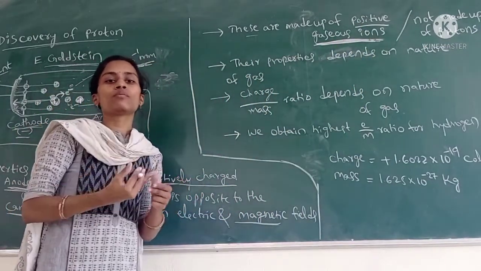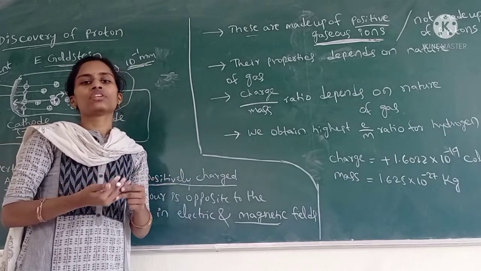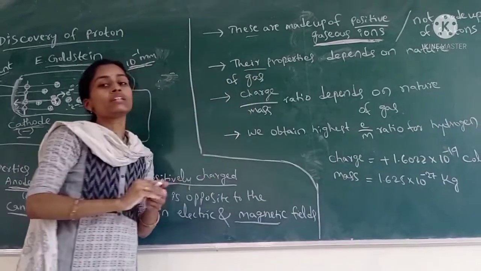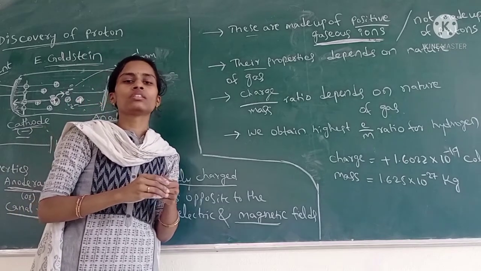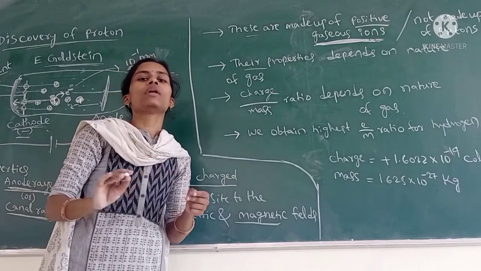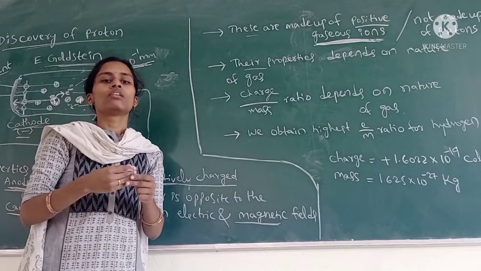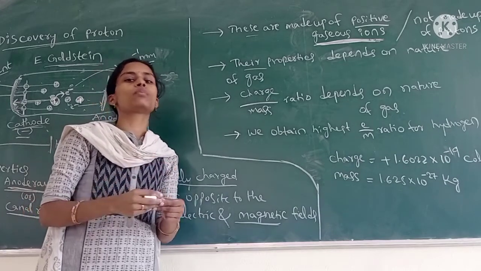By changing the gas, different gaseous ions can form, so their properties depend on the nature of the gas. In the case of cathode rays, the properties don't depend on the nature of the gas. If we put any material, they release rays with similar properties.